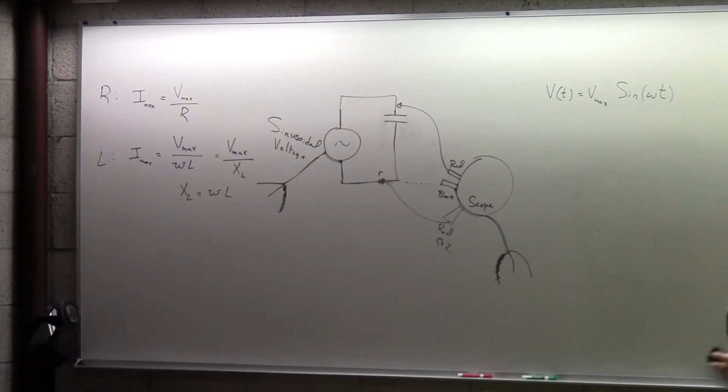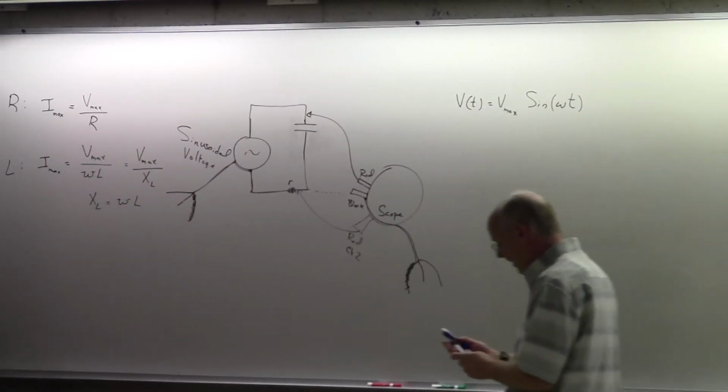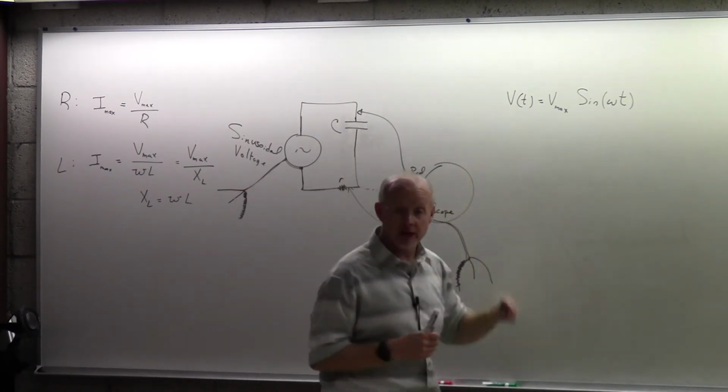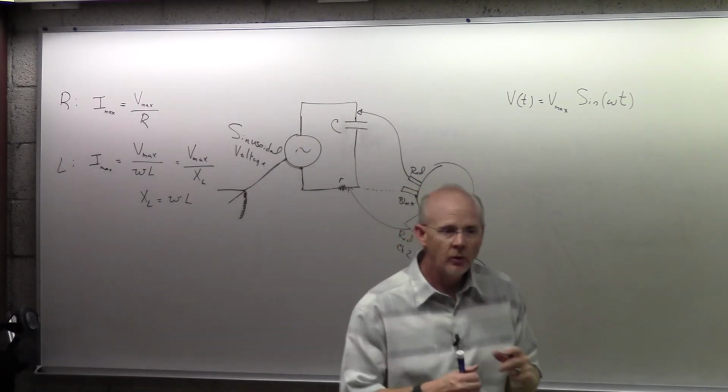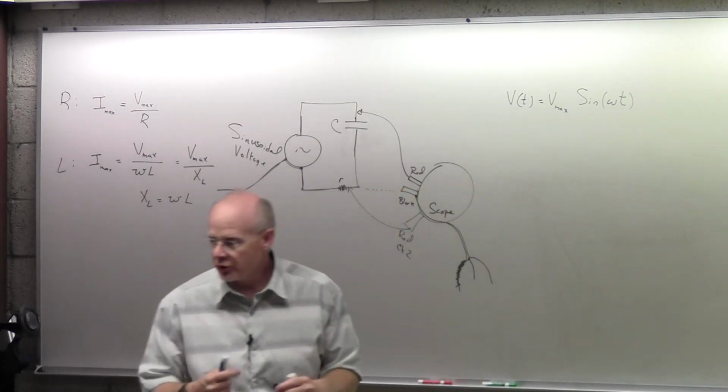I can ask the same questions I've been asking for the resistor and for the inductor: if I hook up a capacitor, C, and apply an alternating voltage to it, what will the current be? Will there be any current? Will the current go to infinity?